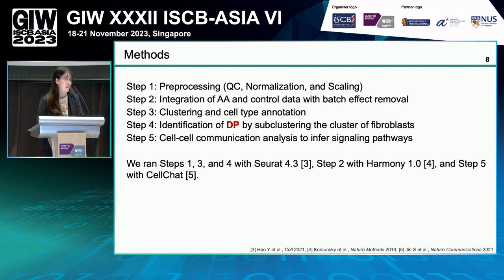In step 3, clustering and cell type annotation was performed, and in step 4, identification of DP by subclustering the cluster of fibroblasts. Finally, step 5 was cell-cell communication analysis to infer signaling pathways. We ran step 1, 3, and 4 with Seurat, step 2 with Harmony, and step 5 with CellChat.